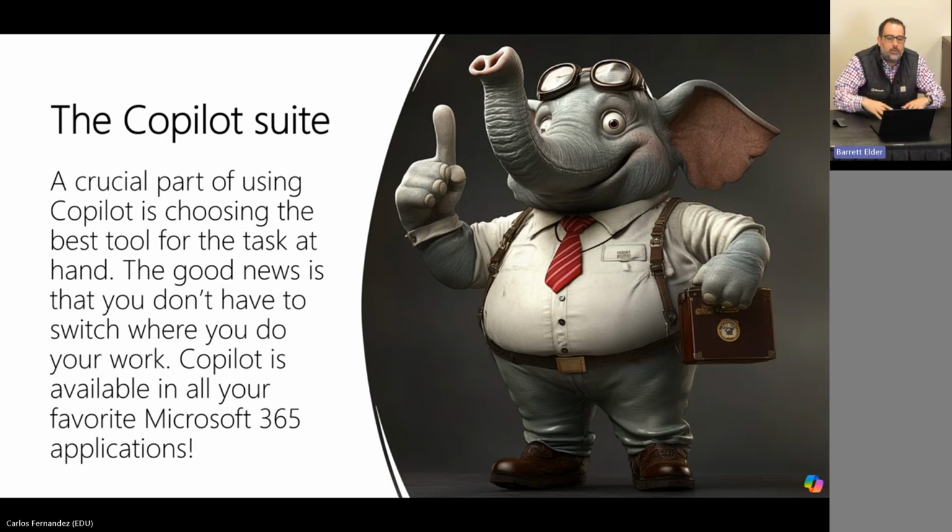So if you right now go into Microsoft Word or PowerPoint and you look in your ribbon in the top right corner and you don't see a Copilot button, don't freak out, right? That just means you're not licensed for this. It's a specific type of license. So I'm going to show you a couple of different versions of stuff that you can play with today from a free access inside of Copilot for the web, and then give you a little bit of a sneak peek of how this is infused everywhere else.